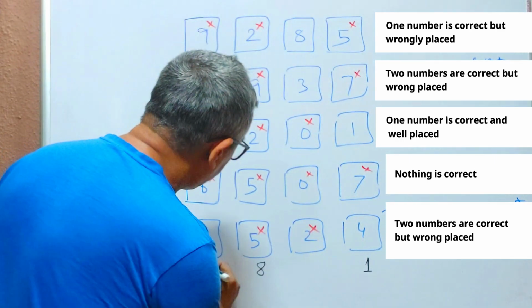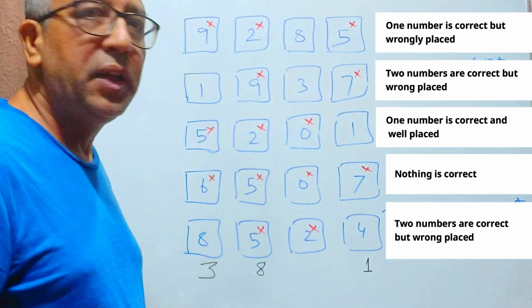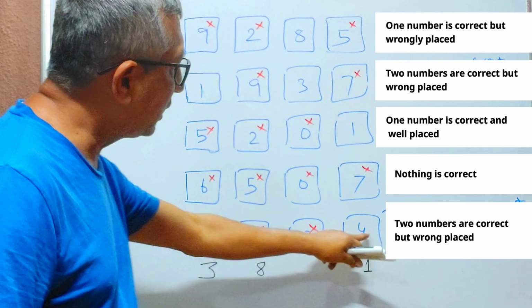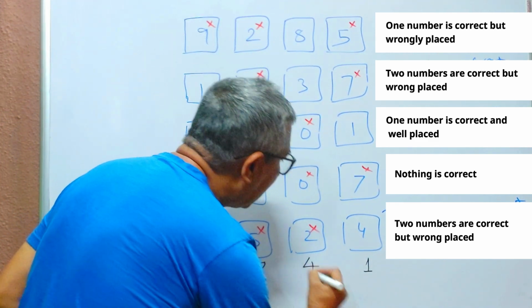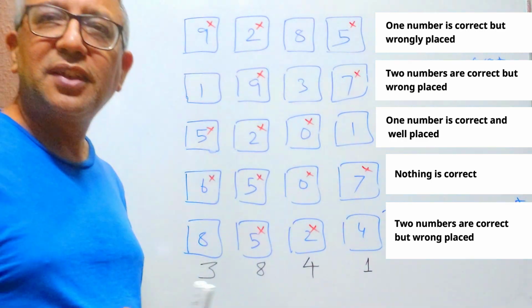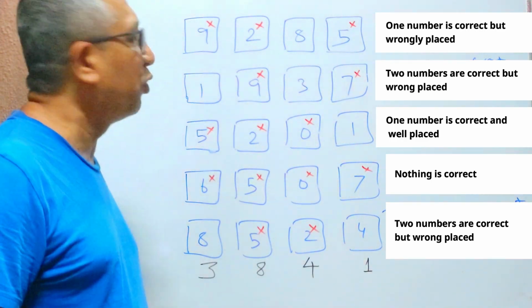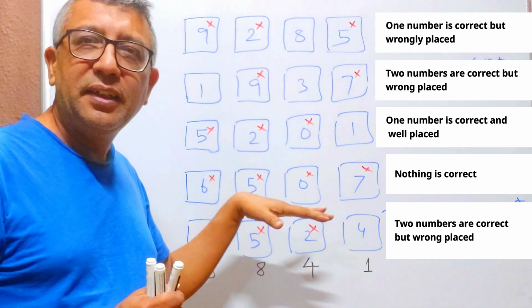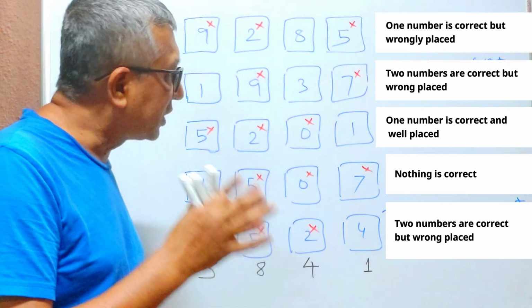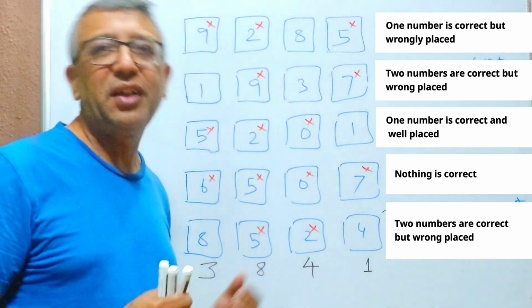So the only obvious position for 3 is here. And then we remain with this 4, and the only position left for 4 is this one. So what is the correct code? It is 3841. You see how by eliminating the different possibilities, we reach the right answer.